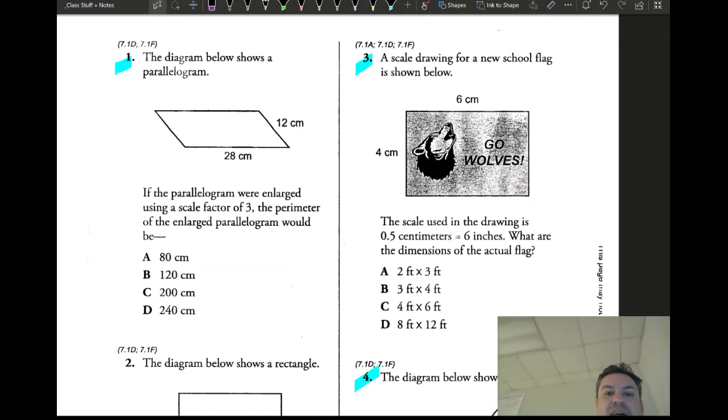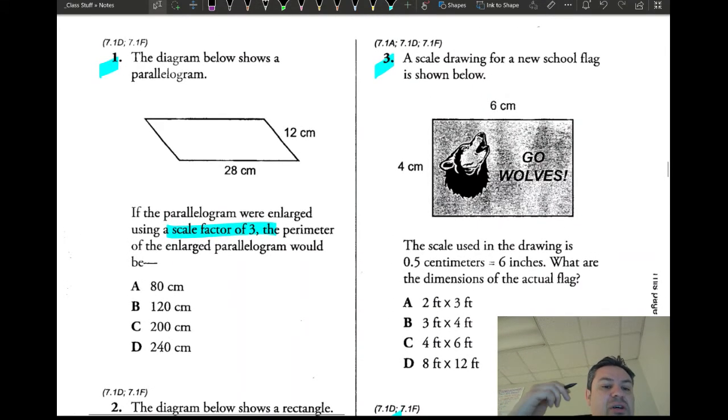So it says it's going to get enlarged. That means it's going to get bigger with a scale factor of 3. We're trying to find the perimeter of the new shape. Whenever the scale factor is just a whole number, all you gotta do is multiply whatever you get and you're going to get the new numbers.